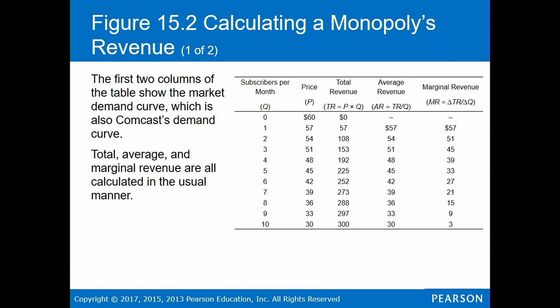So going back to our table, if we're selling 3 units, we're going to charge $51 in this case. All 3 of those units will be $51. If we drop the price to $48, the revenue we're getting from those first 3 units is going to fall from 51 to 48. So we're losing $3. We're making $3 less on those first 3 goods.